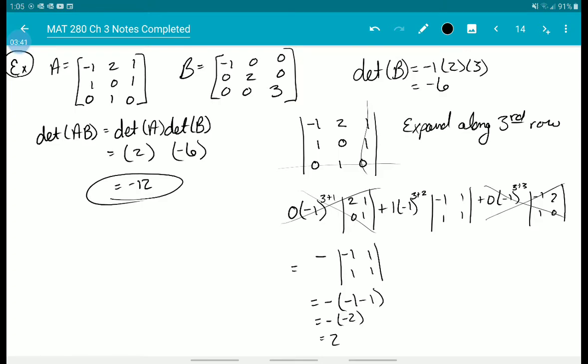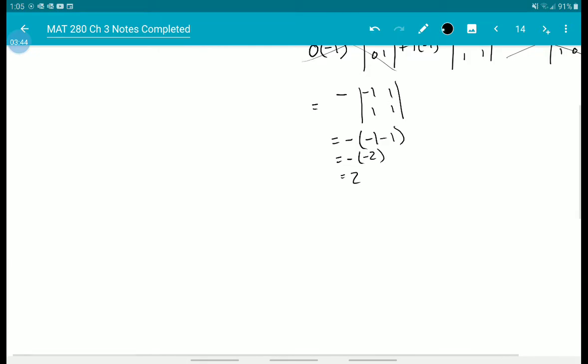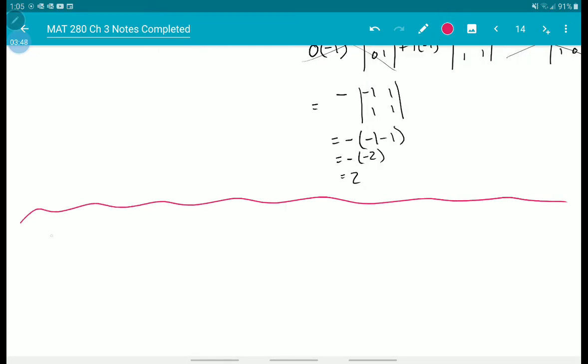So if we were to do it the other way, just for fun, suppose we didn't want to use the property. You can see how that property is going to save us some work.